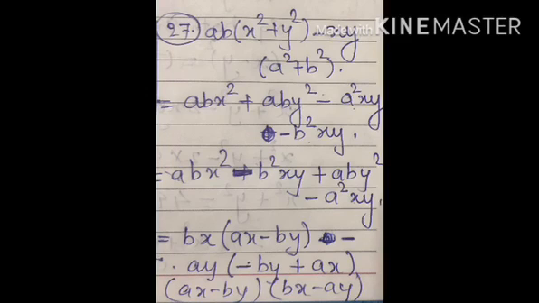In the second part, we need minus by in the bracket, so we take common minus ay bracket minus by plus ax. So ax minus by and bx minus ay are the factors of question number 27.